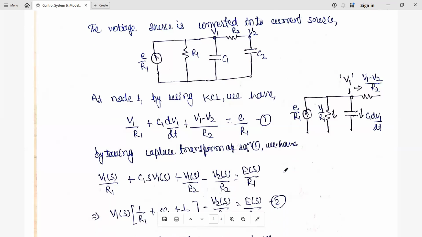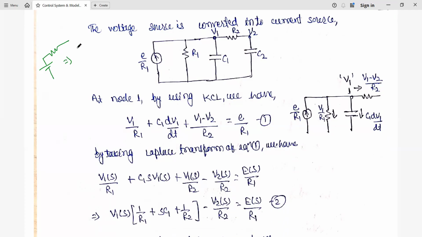Now since here you may want to change a voltage source into a current source or a current source into a voltage source. So when we have a voltage source, in that situation this voltage will be connected in series with a resistance.